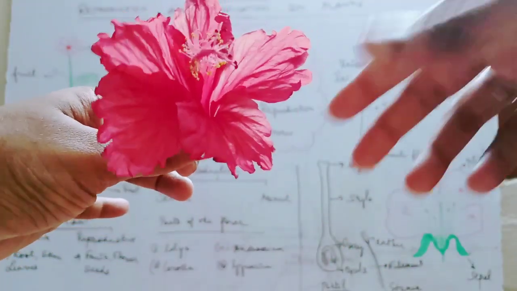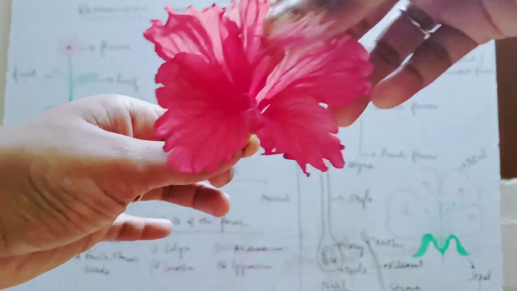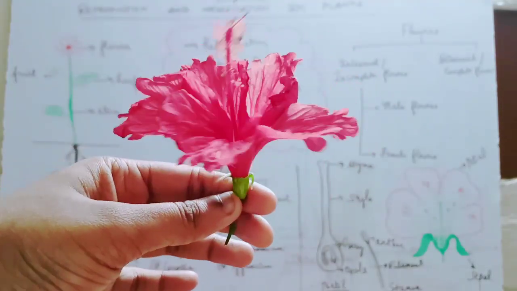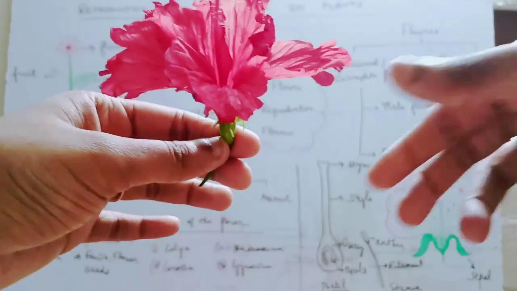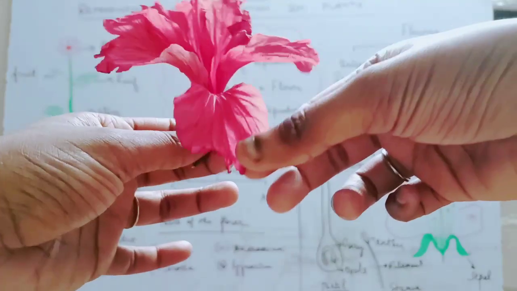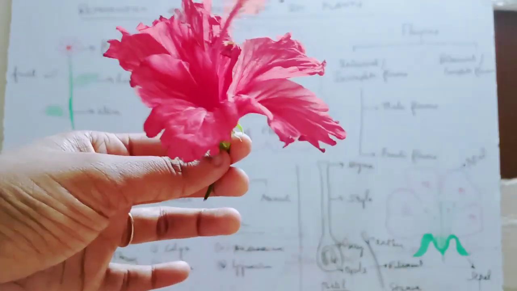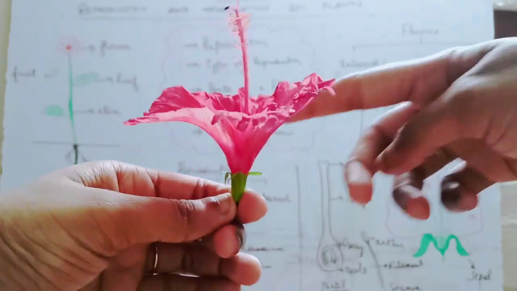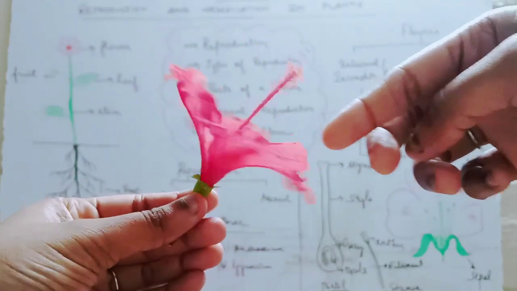Next, petals. Petals are the largest part of the flower. They are attractive and brightly colored, which attracts insects for pollination. This ring of petals is called the corolla.